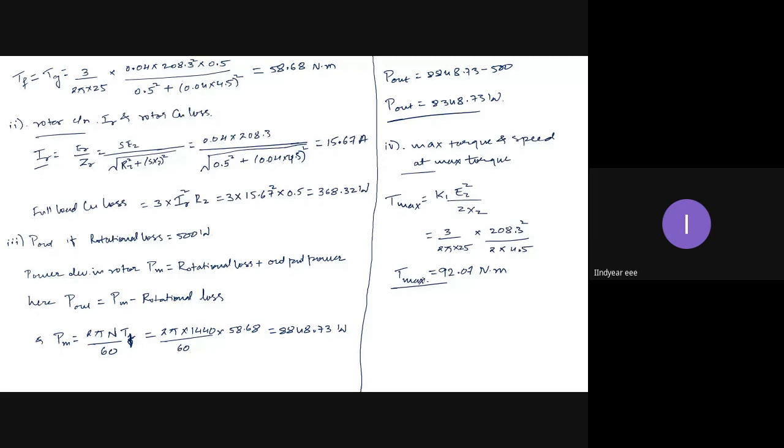Once I know the slip at maximum torque, I can get the speed at maximum torque. So slip at maximum torque is equal to R2 by X2. So this is 0.5 divided by 4.5, which is 0.11.